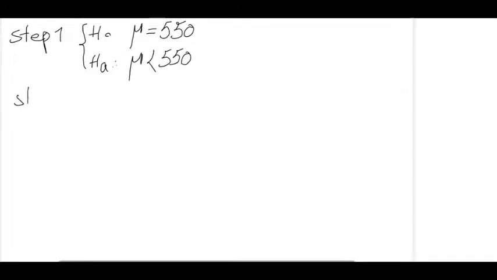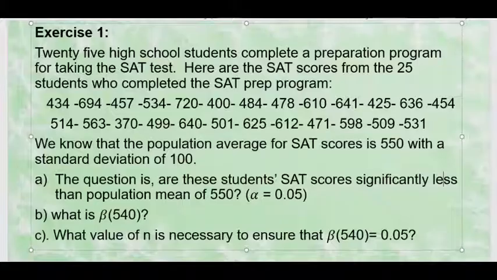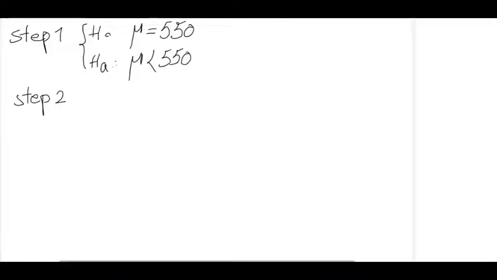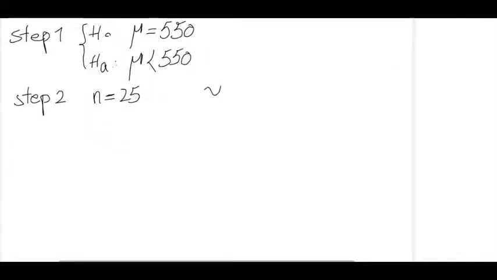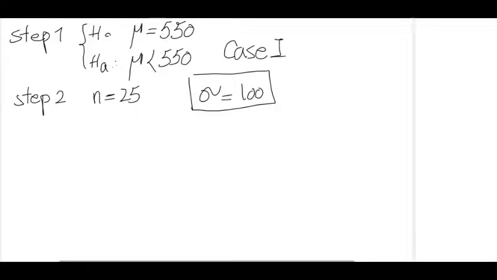In step 2 we need to calculate test statistics, but we first need what we have from the question. We know that n, the sample size, is 25. The standard deviation of population is known, equal to 100. So sigma is known, equal to 100. It shows that we have case 1.